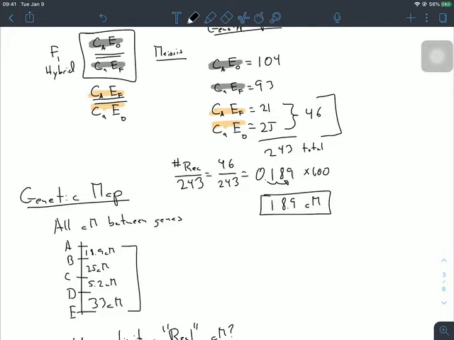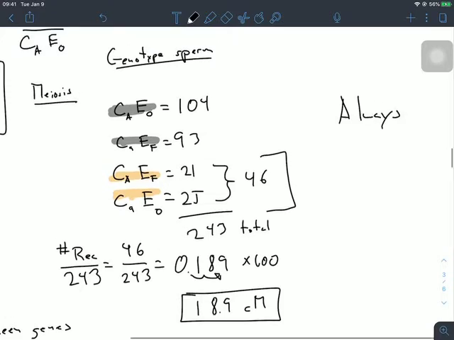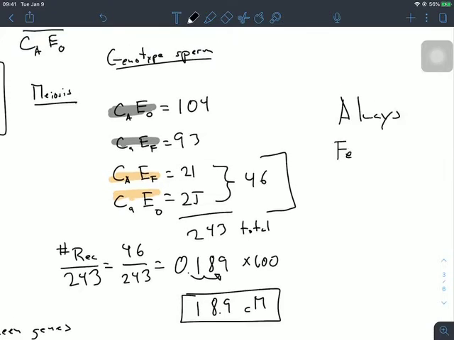You will always have fewer than 50, or equal to numbers, with a strong bias for fewer, recombinants than parentals.